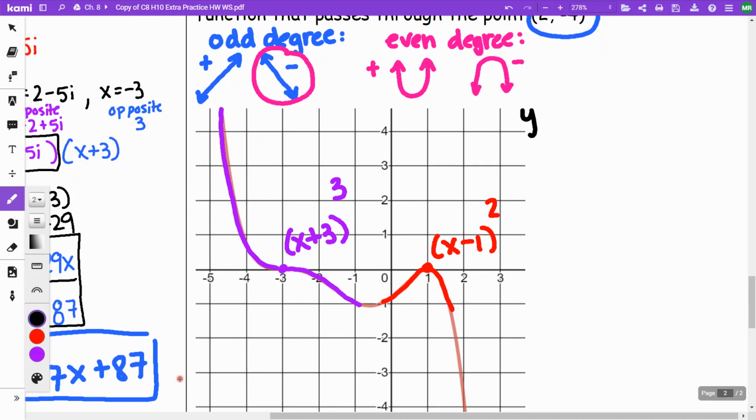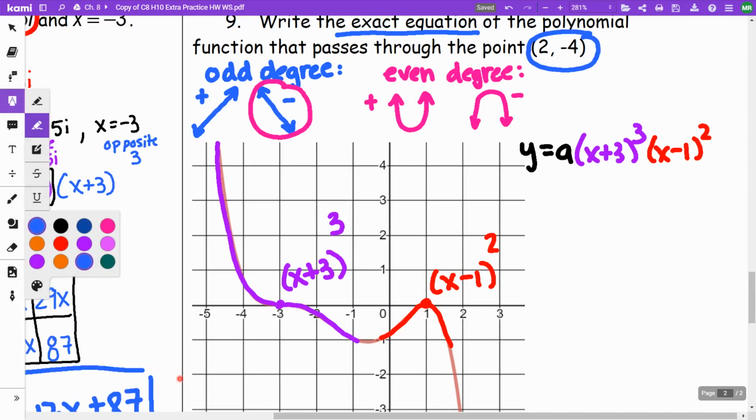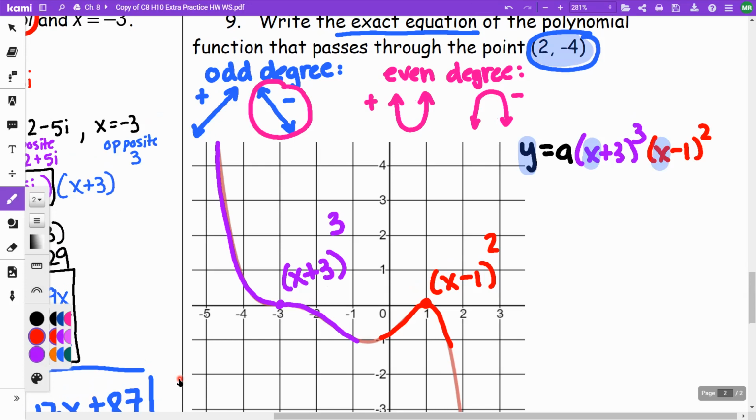So I'm going to have y equal a, and I'm going to have my x plus 3 cubed and my x minus 1 squared, and then I'm going to be putting in my point, which was 2, -4 for my x and y. Okay, so when I put that in, I'm going to have -4 is equal to a times 2 plus 3 cubed, 2 minus 1 squared.